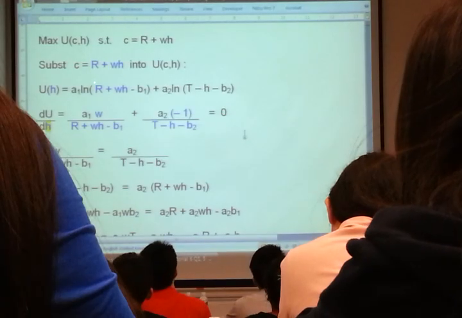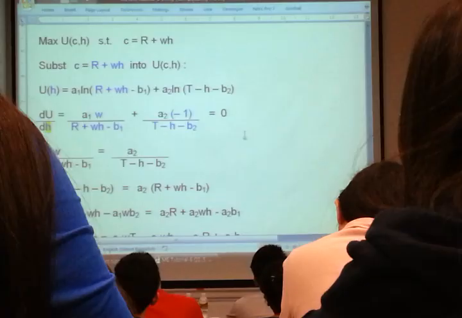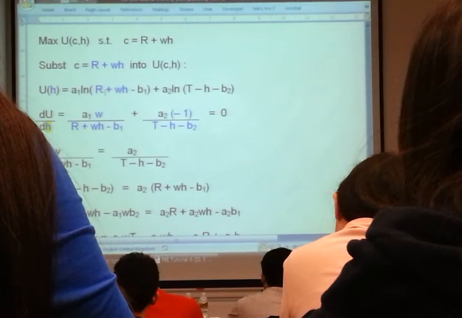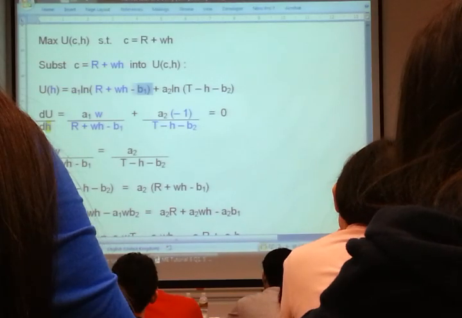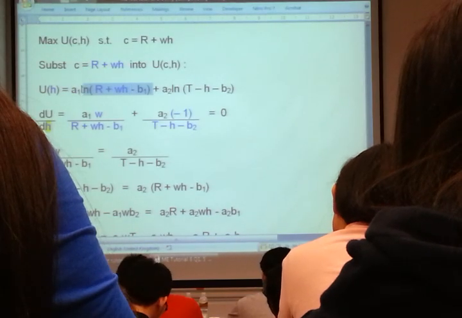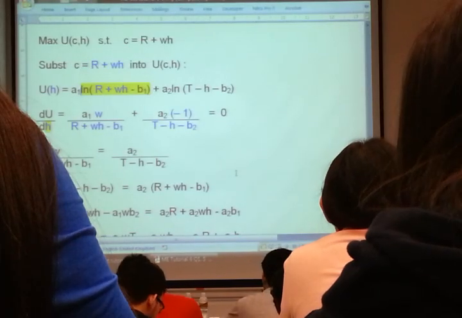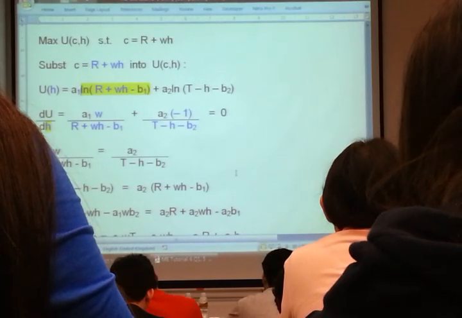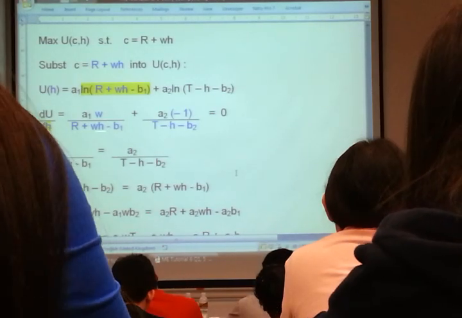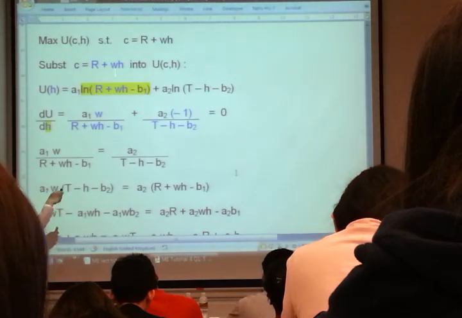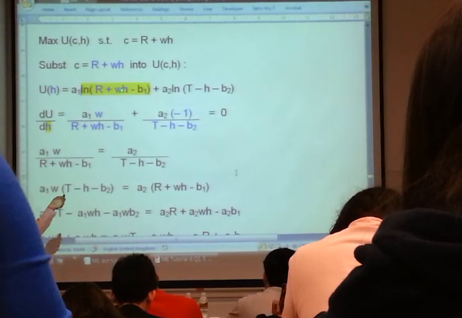How do you differentiate a log? It's 1 over something. It's just the inverse of it, right? The reciprocal. 1 divided by this. Okay? 1 divided by this. Then go inside and differentiate with respect to H.